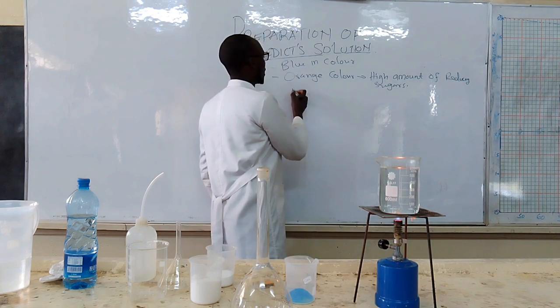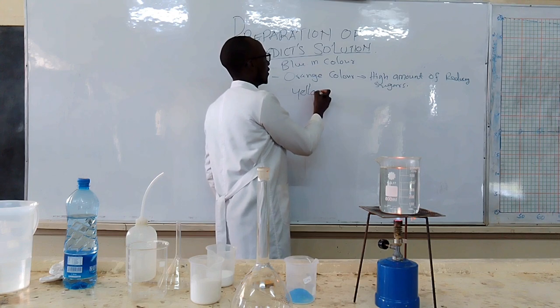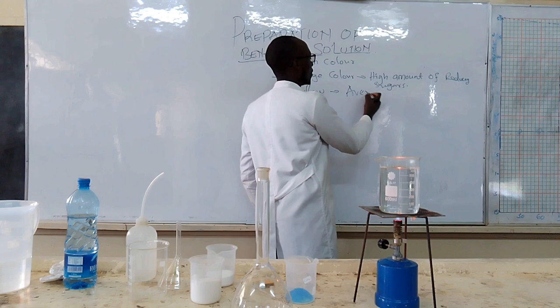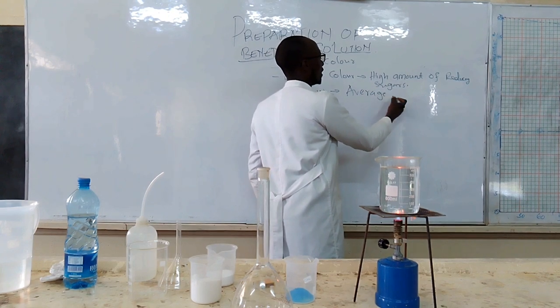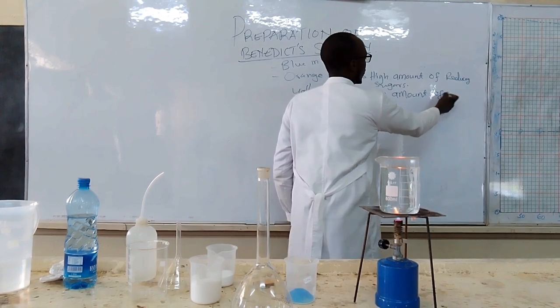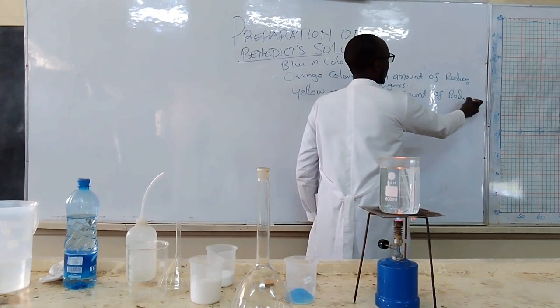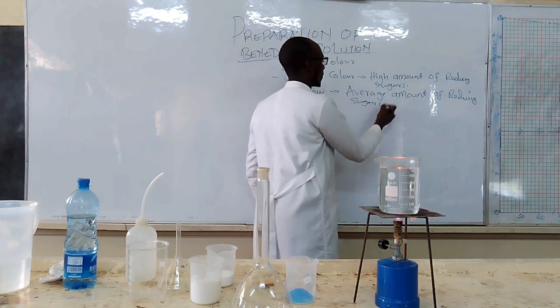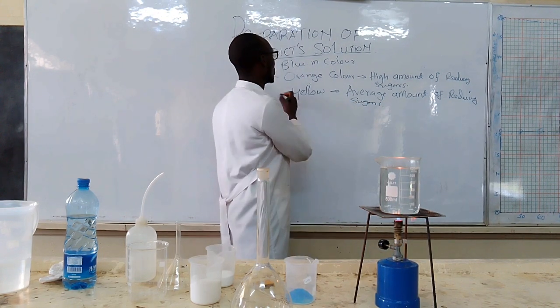The color also can come to yellow. This one indicates an average amount of reducing sugars. It can also change to green.